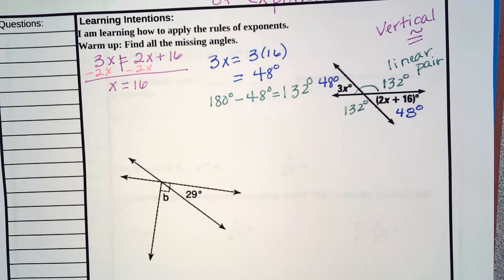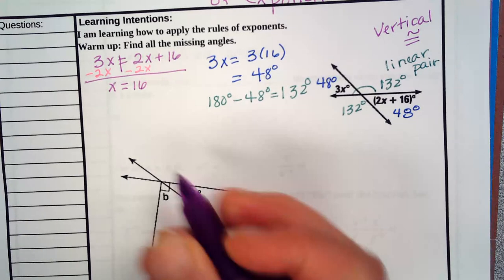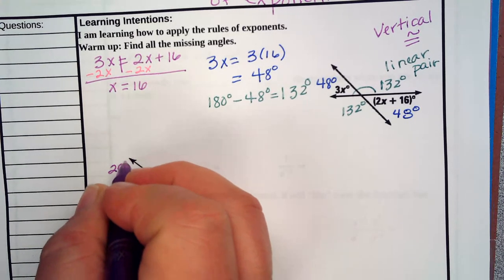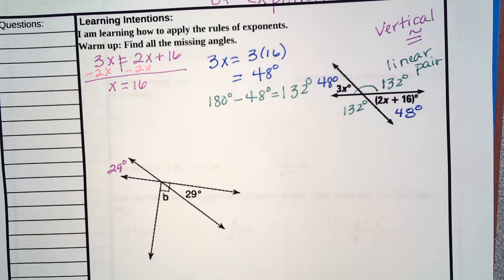Okay, for the next warm-up, without any math at all, I know two of the angles. Without any math at all, I can identify two more angles. Did you see that when you were doing the problem? Well, this is going to be 29 degrees because they're vertical.